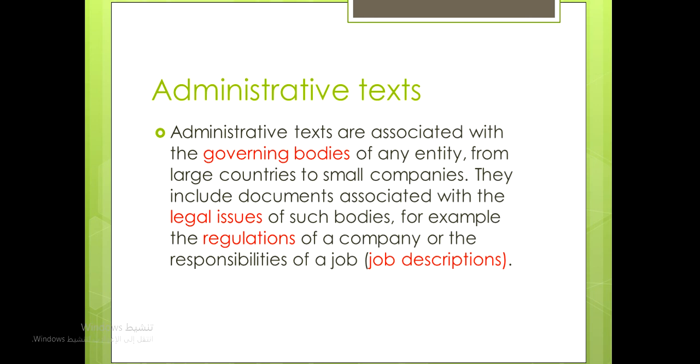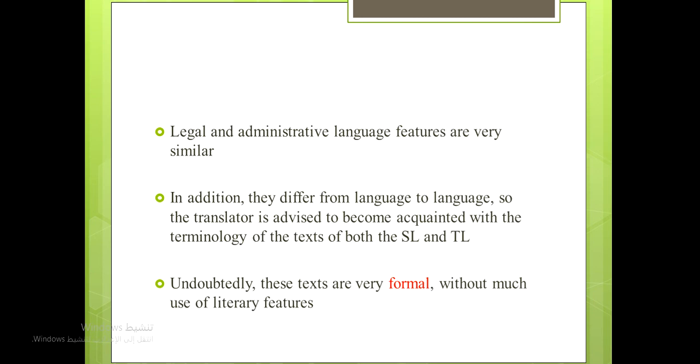Here you may find some overlapping, بعض التشابه, between administrative texts and legal texts. Legal and administrative language features are very similar. In addition, they differ from language to language.